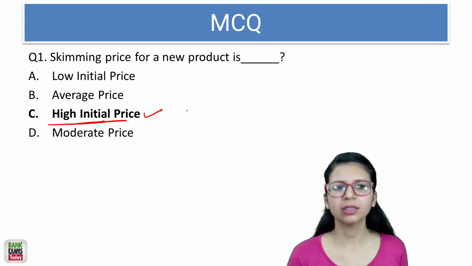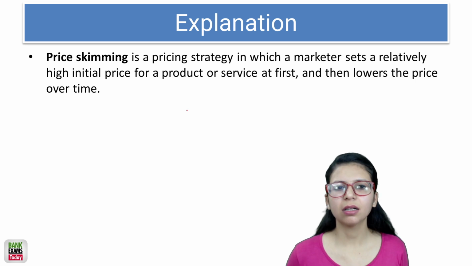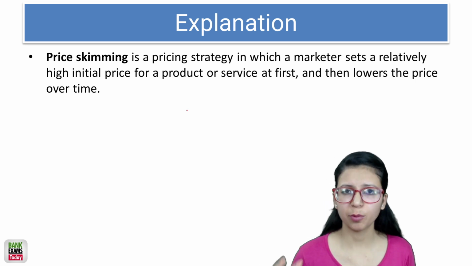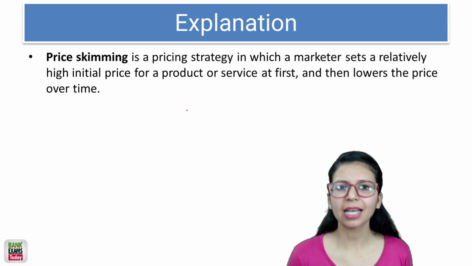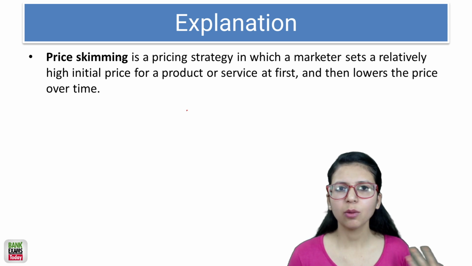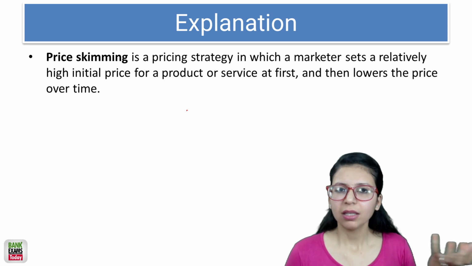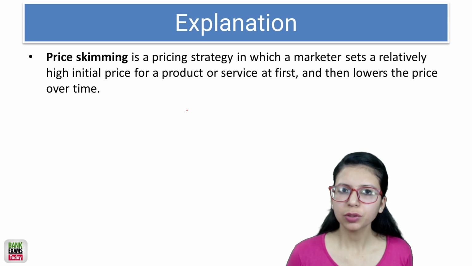So let me tell you what the skimming price policy strategy is. It is basically a strategy where, when a product is launched, the price is kept high at the introduction of the product.